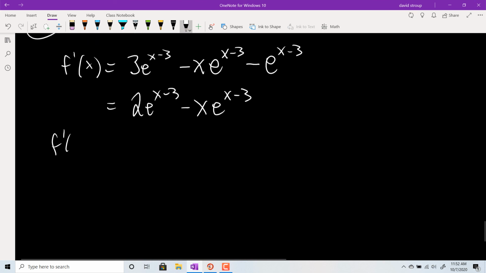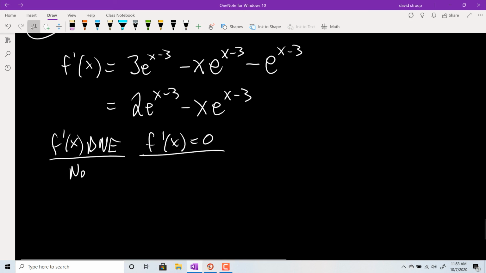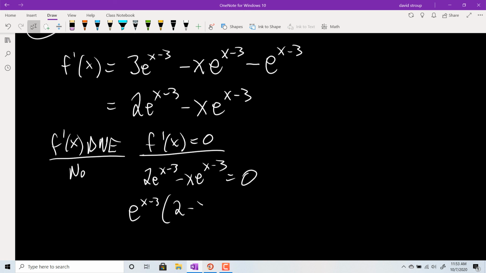Where does this not exist? Well, never. Exponential is hard to break, so no. Where does this thing equal 0? Factor out an e to the x minus 3, and you'll have 2 minus x.